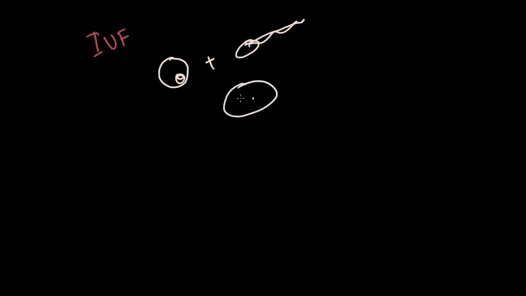Another most common use of AMH is in IVF procedures. In vitro fertilization, basically what is happening in this IVF is you have an egg over here, and they take the sperm and they fertilize it in a petri dish to form an embryo.